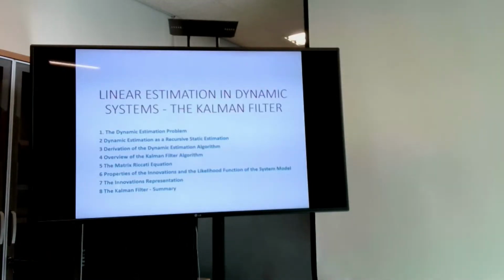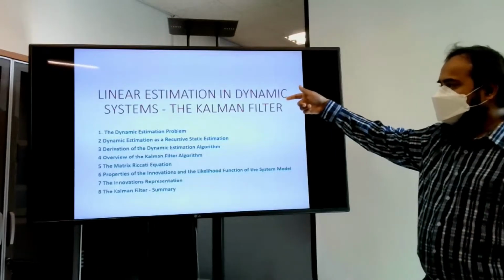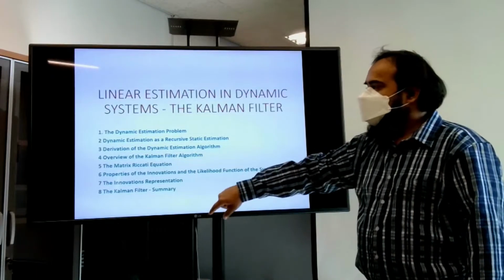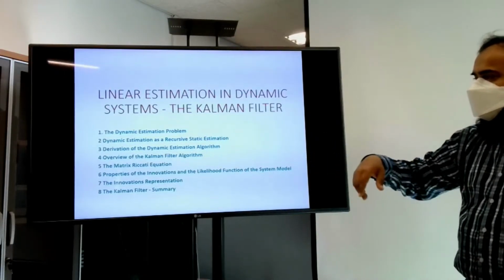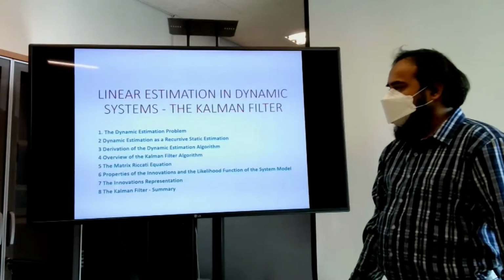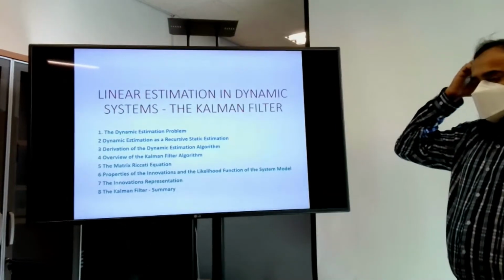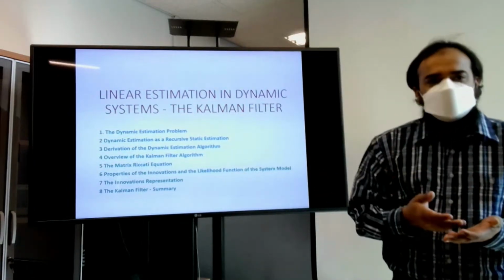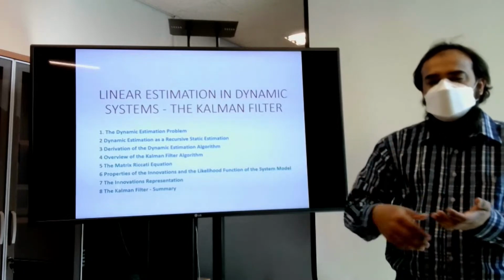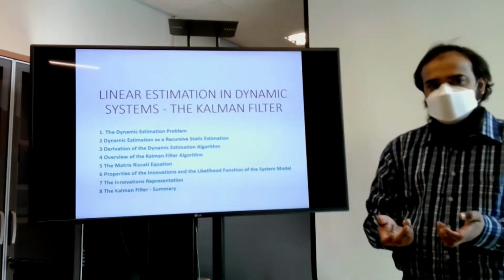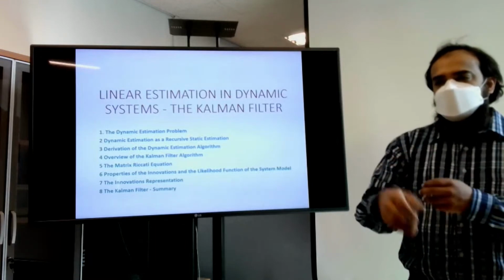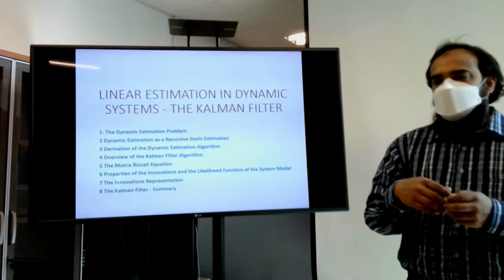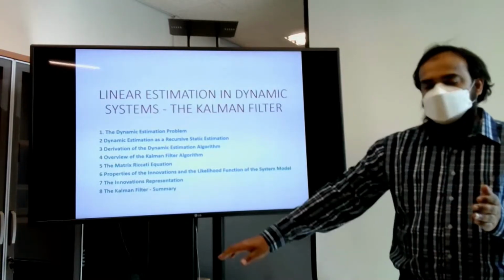In the first content we study almost 8 topics. First we should understand the dynamic estimation problem. Then, if we study one cycle of estimating some point object, how can we continue in a recursive manner, meaning we have to apply a recursive mathematical equation so that it applies the estimation algorithm repeatedly.